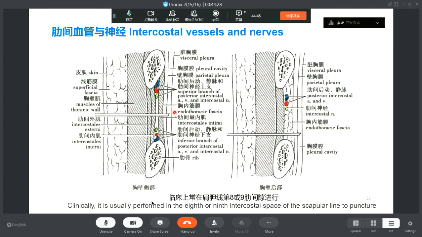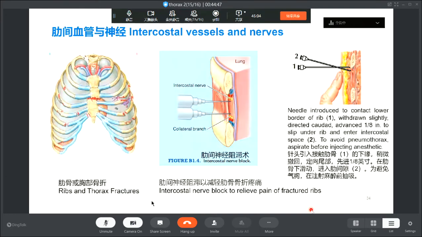Clinically, it is performed in the intercostal space. When you perform an intercostal nerve block, you also use the trunk, because the nerve grows along the lower part of the rib.